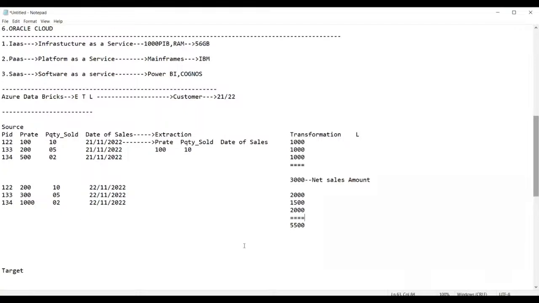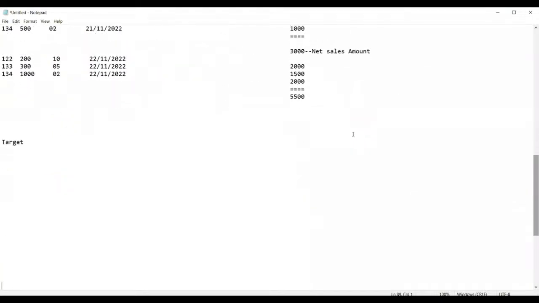This process is called the transformation process. It's done now. Finally, you will be loading. Where will you be loading the data? Finally, you will be loading the data into the target. I will load the data like this. Net sales amount is 3000.